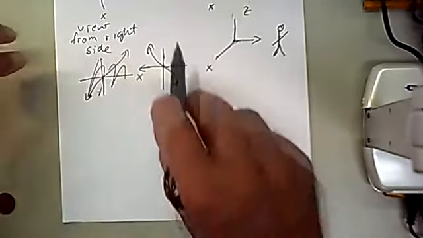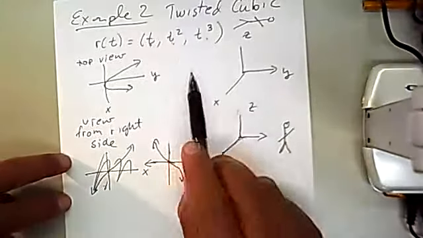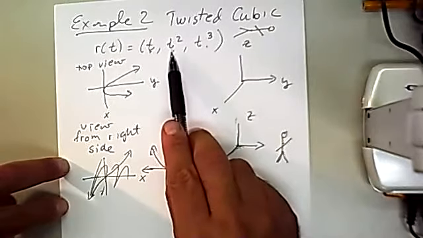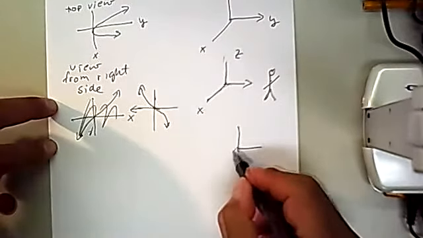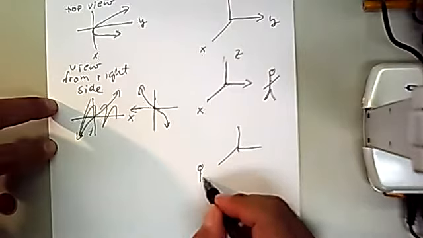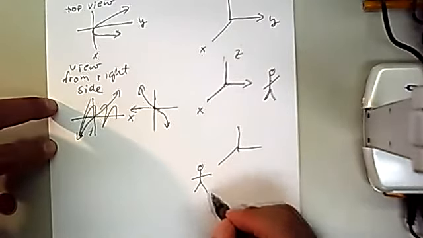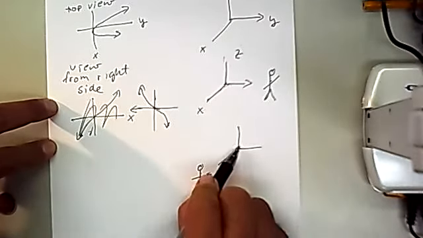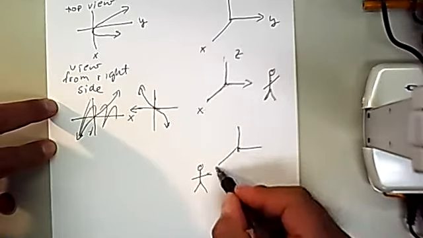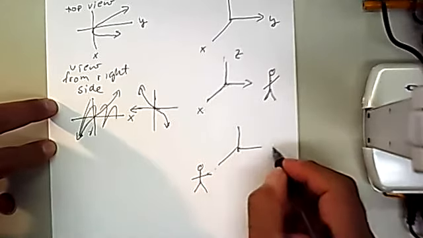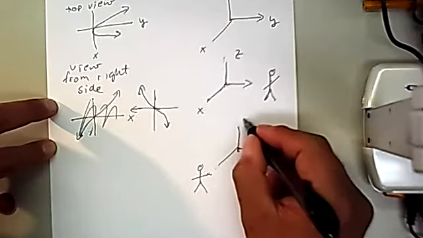All right. Now, if we look at this curve from the positive x-axis, so if the observer was here, where we are, but just looking straight into the axis, we wouldn't be able to see this axis. We only see the y and the z-axis.